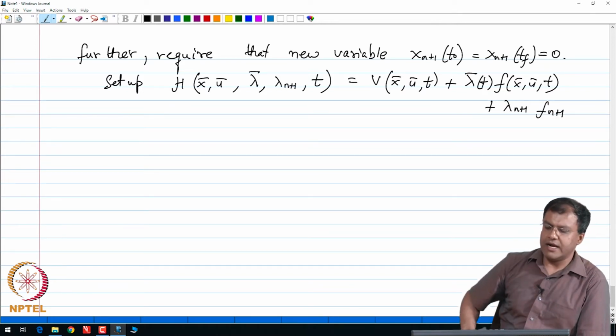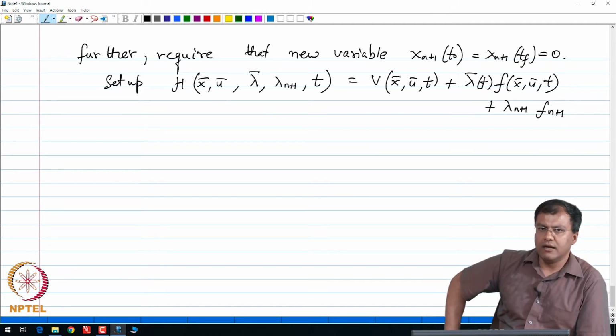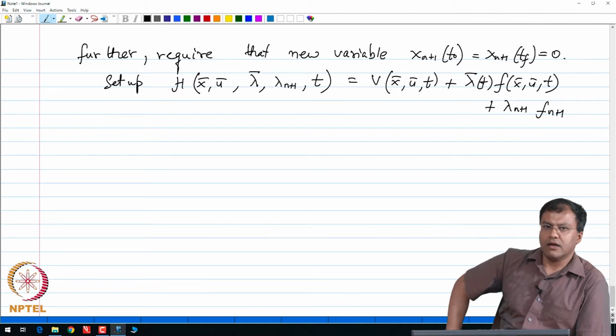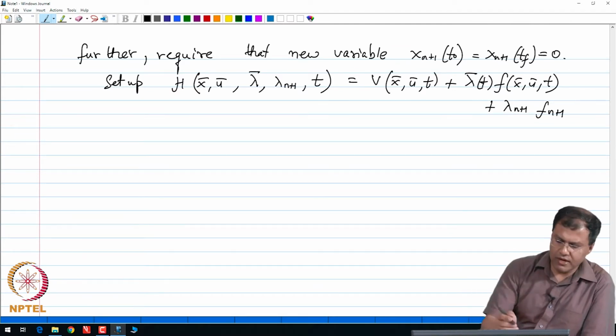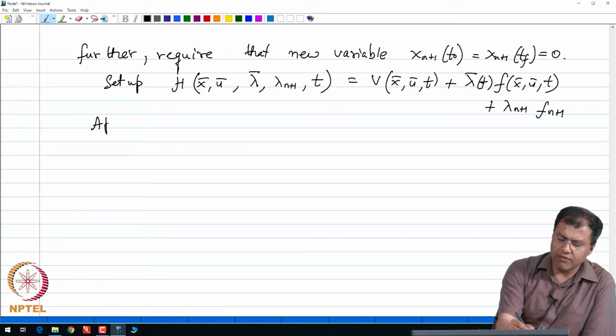So, that is the added term in the Hamiltonian with the constraint, right. And then we now apply our Hamilton's equation. So, apply optimality condition or Hamilton's equation.